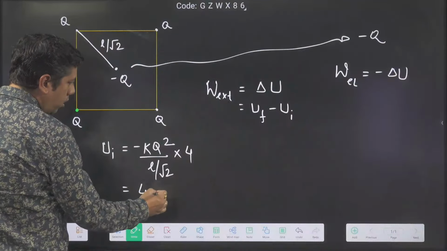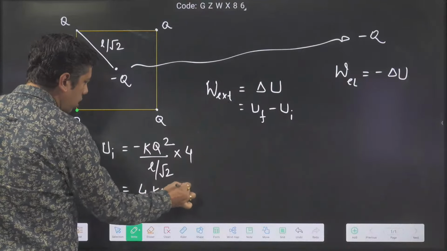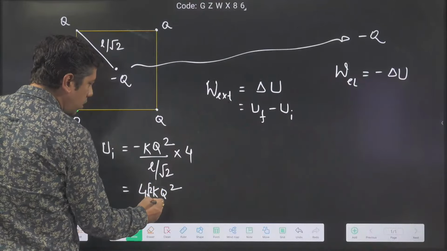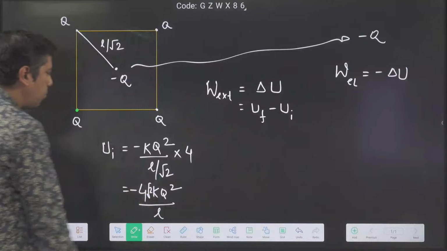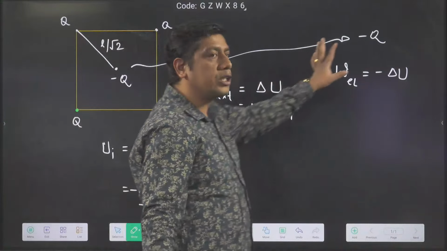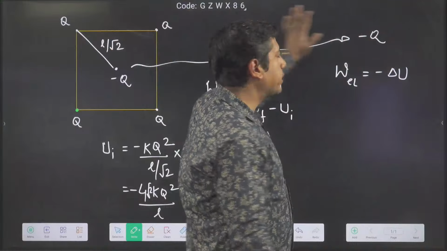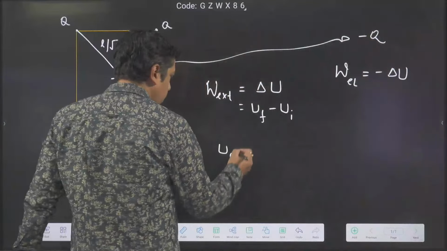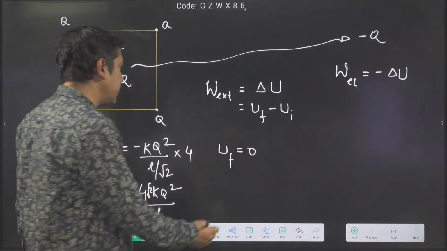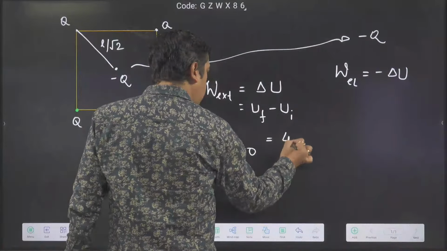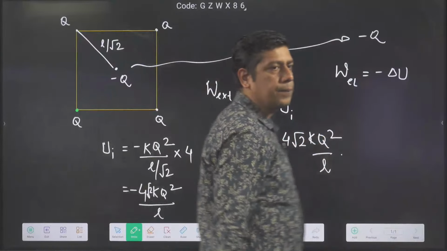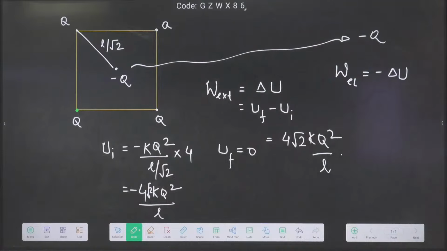It will become minus 4 root 2 kq square by L. What is final? When the minus q is at infinity, the potential energy will become 0. So if you do final minus initial over here, you will get 4 root 2 kq square by L.